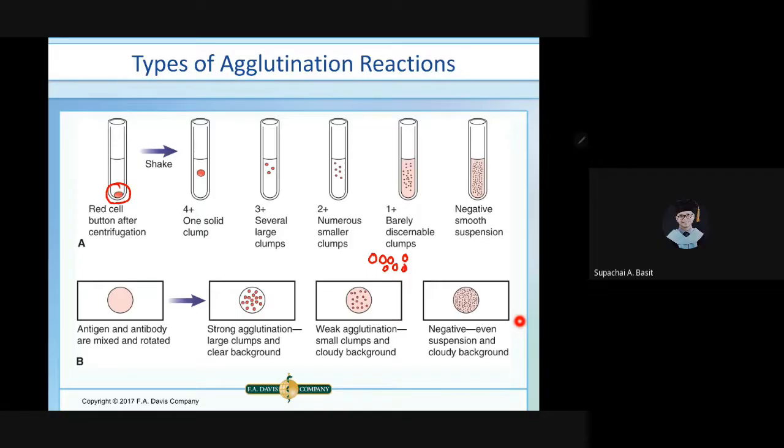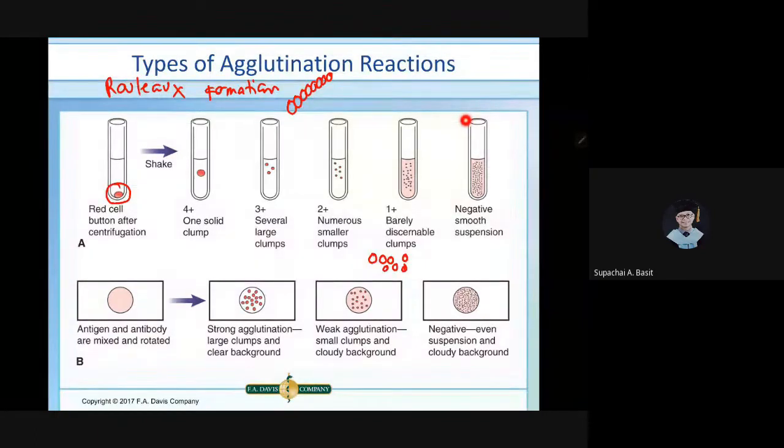Also, you'll be able to differentiate agglutination from the rouleaux formation. This is the spelling of rouleaux formation. Rouleaux formation means that the RBC appear like a stack of coins.